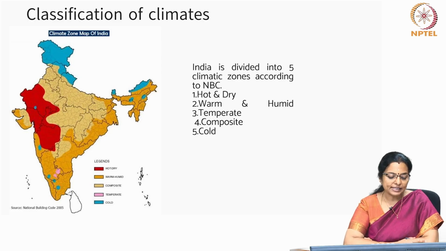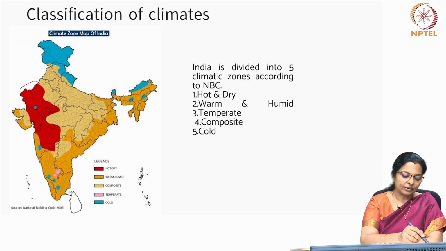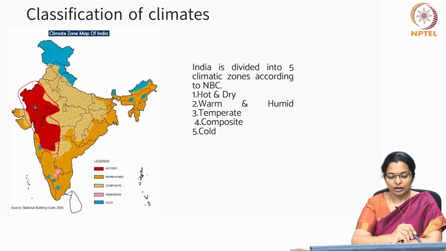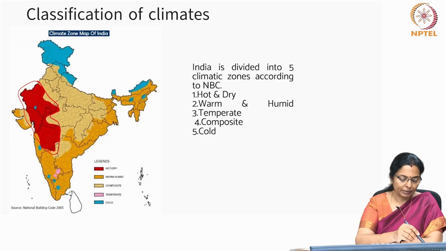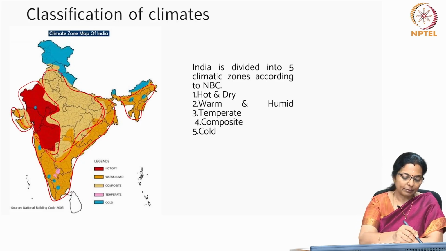So the NBC has divided India according to these 5 climate zones. First is the hot and dry climate zone along the west. Then there is the warm and humid belt. All this is warm and humid. There is temperate climate or moderate climate.